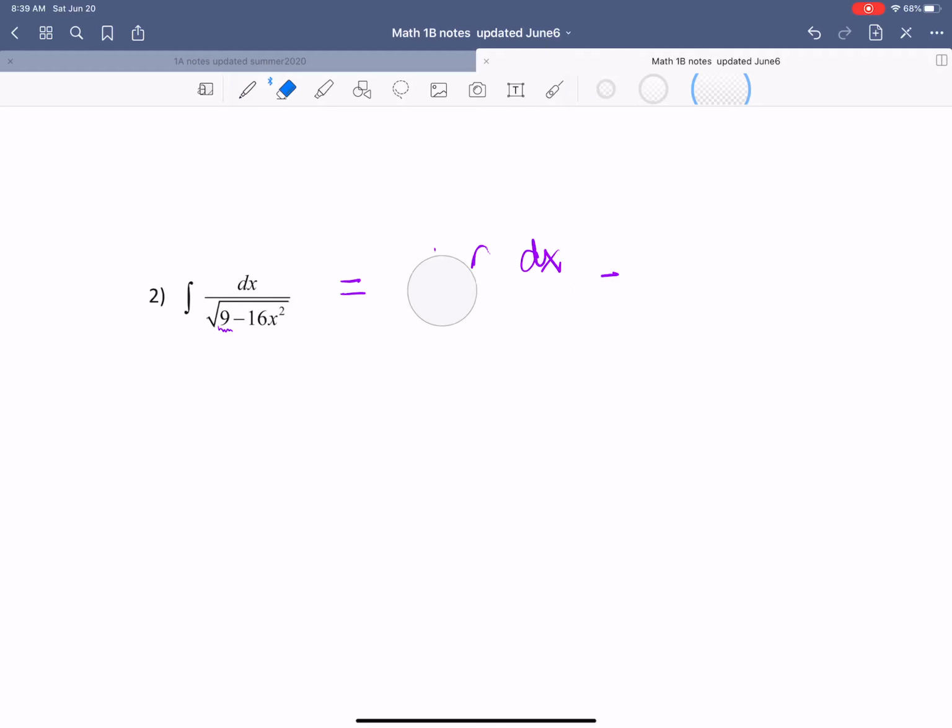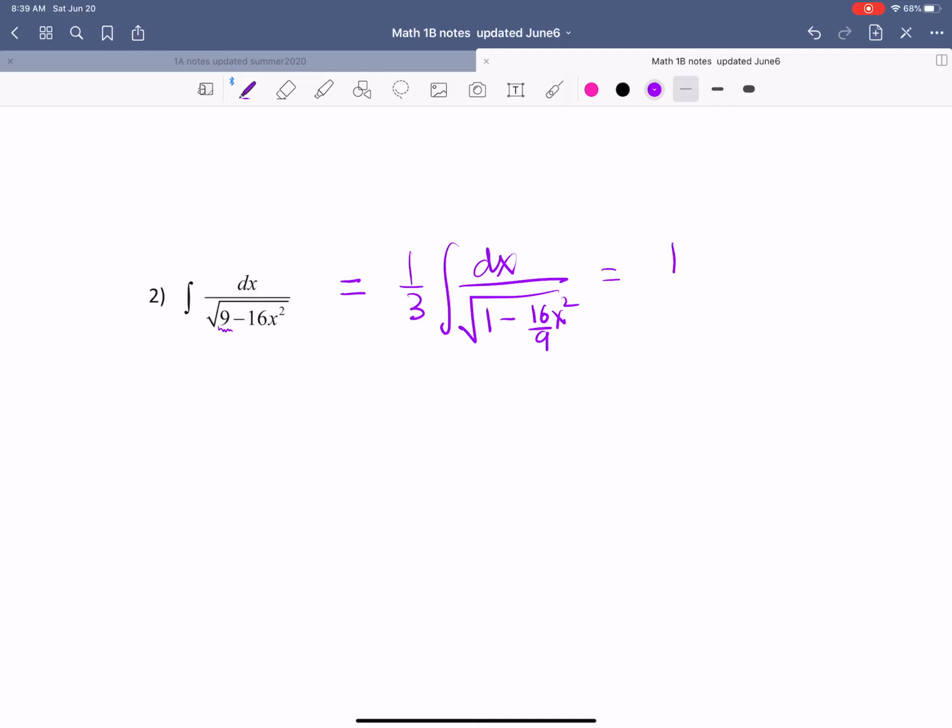Maybe I shouldn't skip; I am skipping one step. It might help you to see that step as well. I'm going to write it as a perfect square now: 1 minus 4 over 3 x squared.